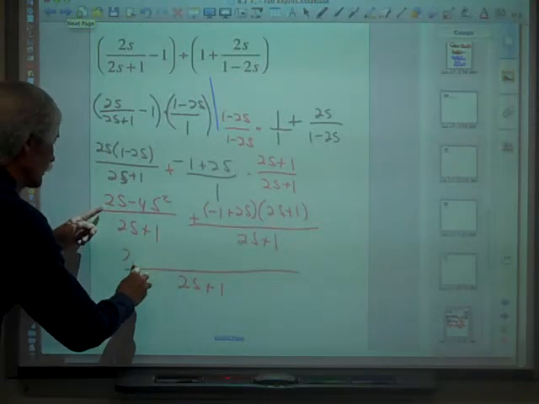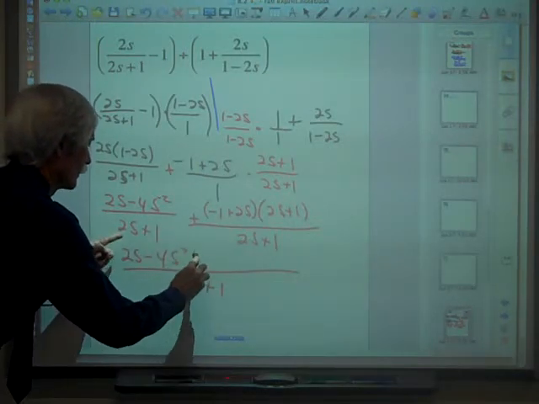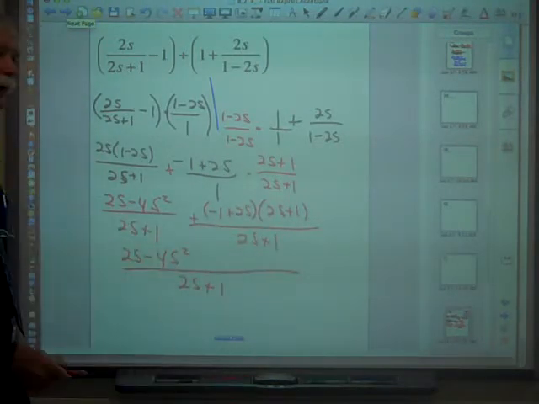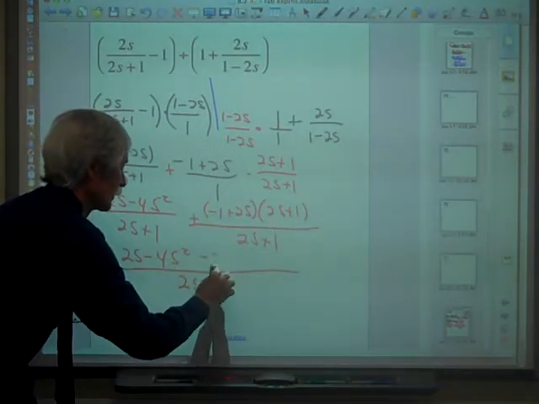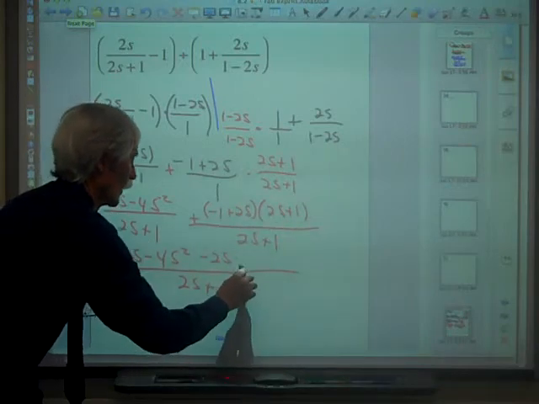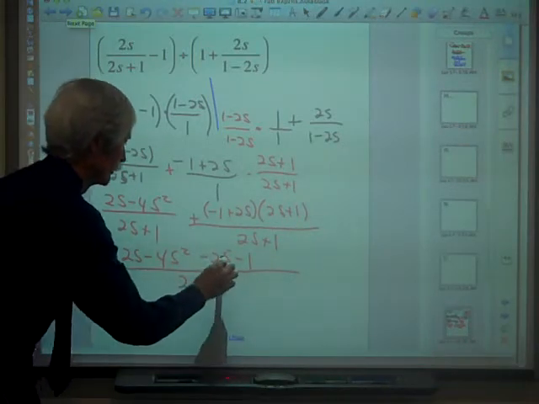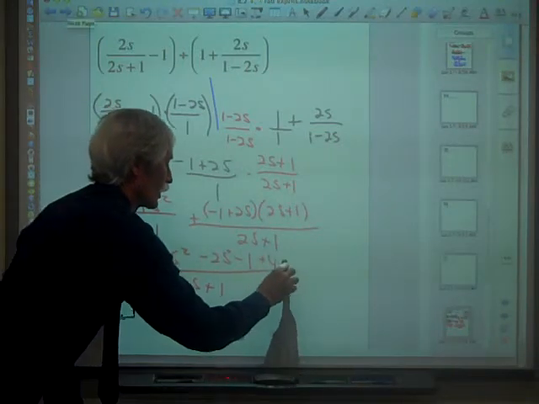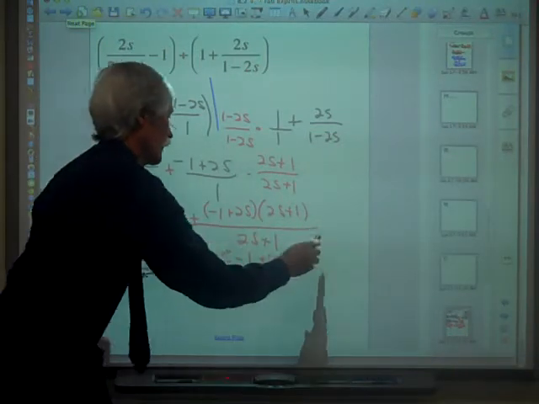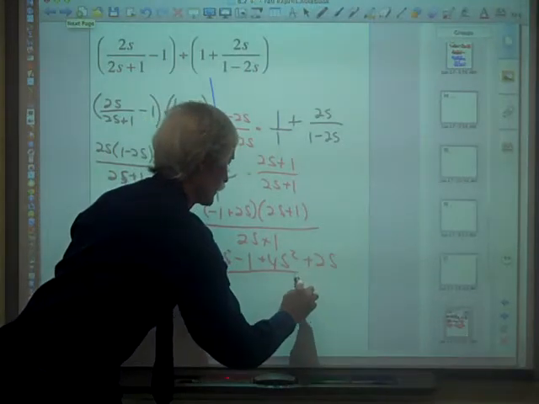The numerator will be 2s minus 4s squared. This one we have to FOIL. Minus 2s, minus 1, and plus 4s squared, plus 2s.